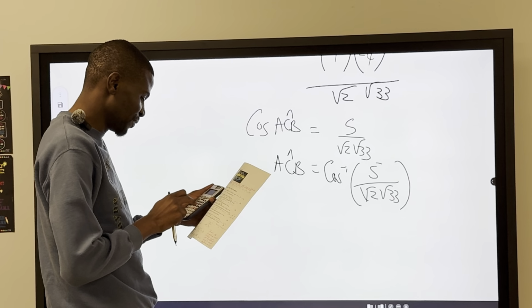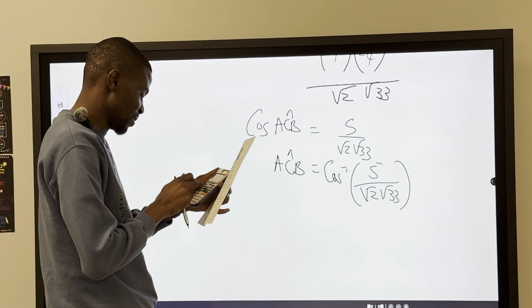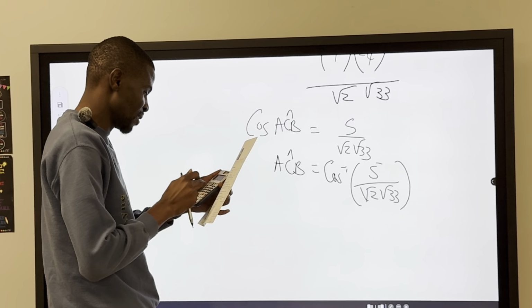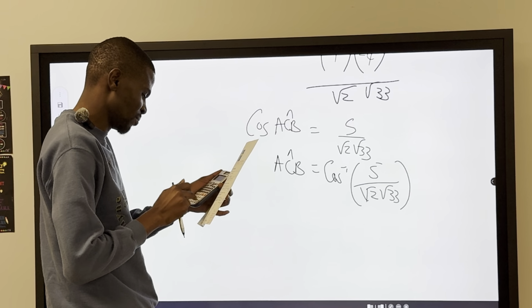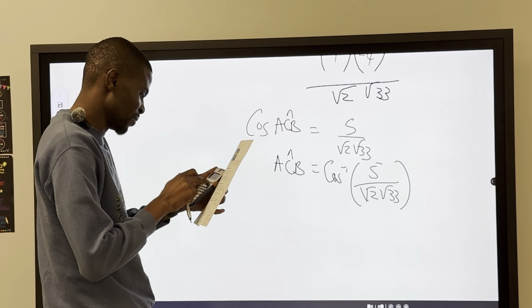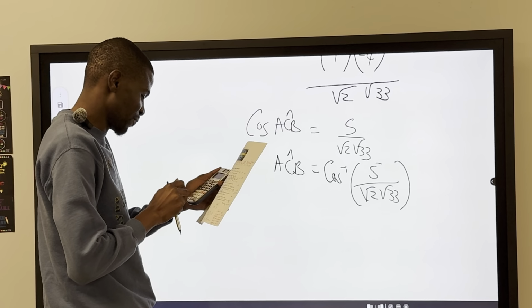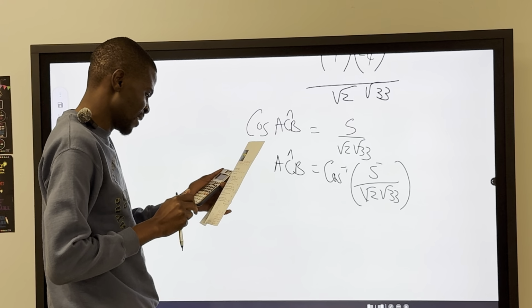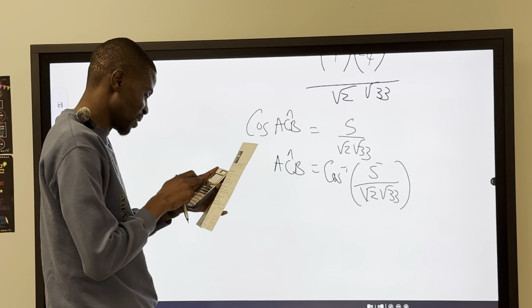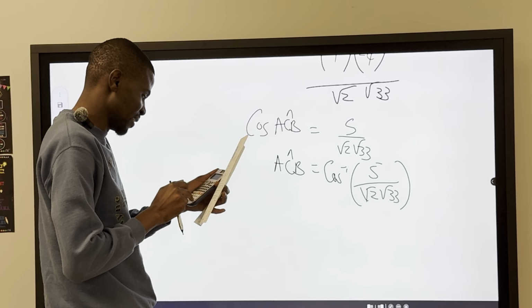It's shift cos 5 divided by square root of 2 times square root of 33, and make sure we are in degrees. I was in radians here.